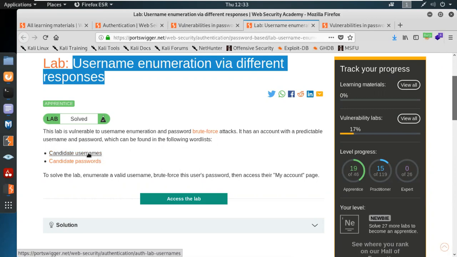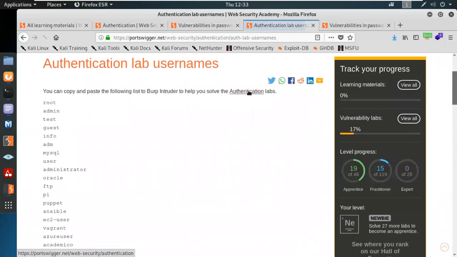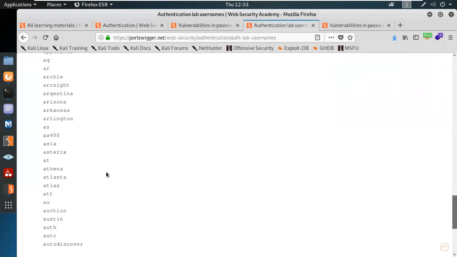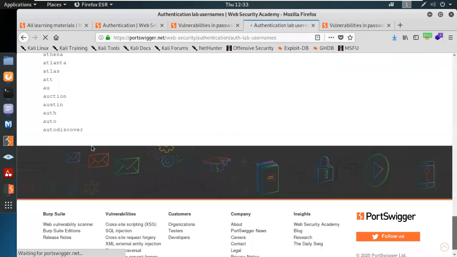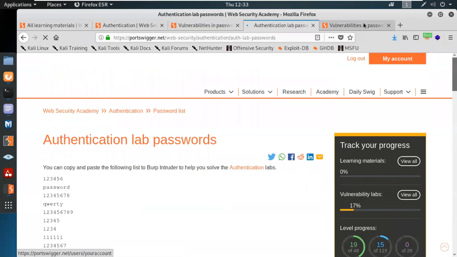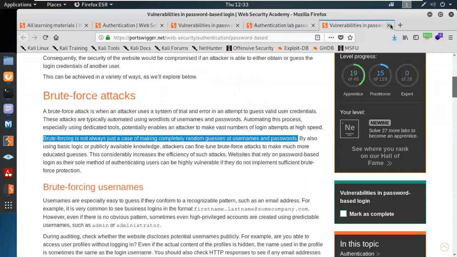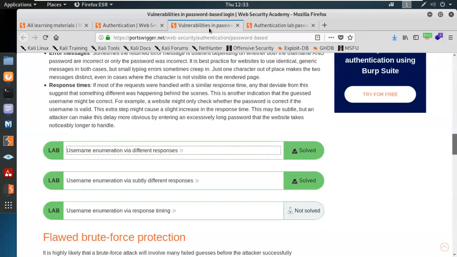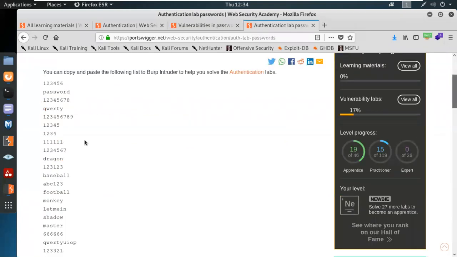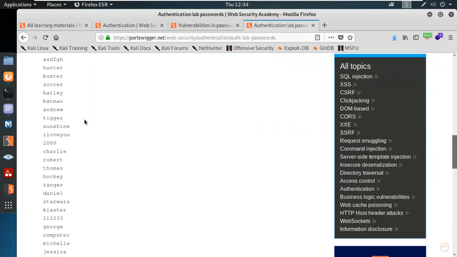So we have two word lists which have some usernames, and we have a password list also, which contains some passwords like 123456, password, 8, QWERTY, and normal things over the web.